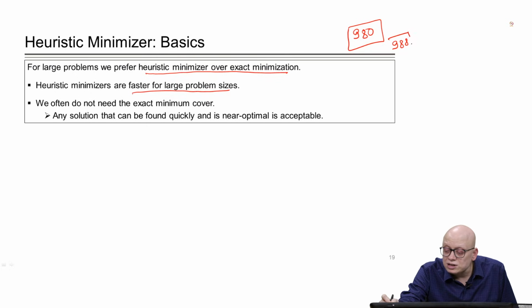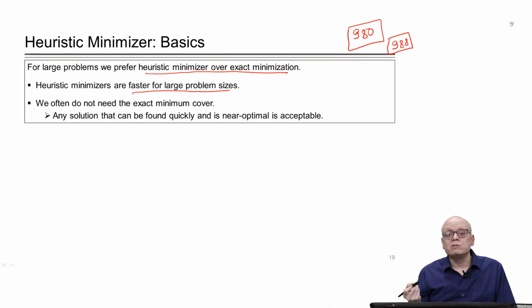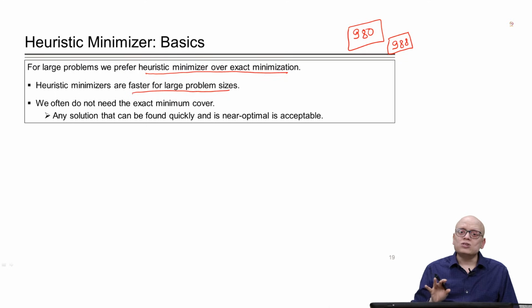It is not exactly the same as the minimum cover, but slightly more than that. It is still okay. There will be a small area penalty, or some scope of logic minimization still left, but still it is okay.